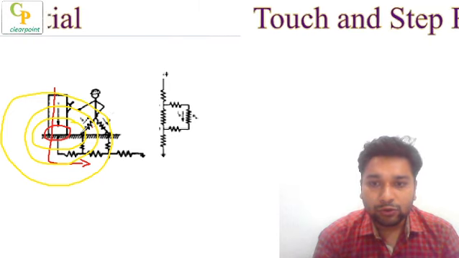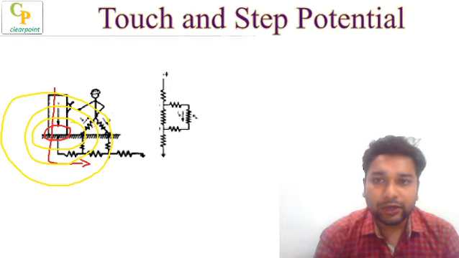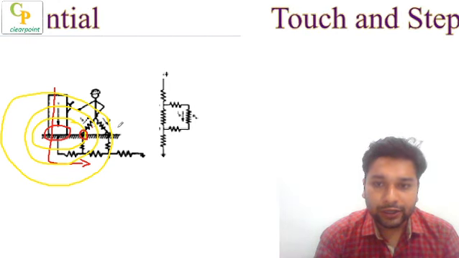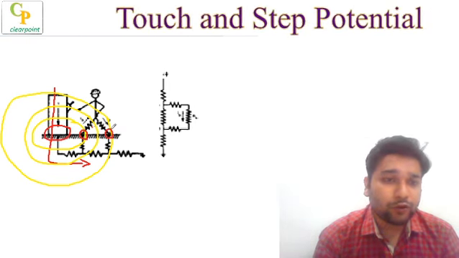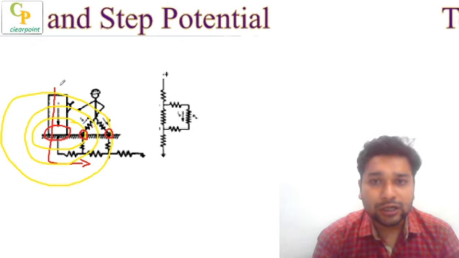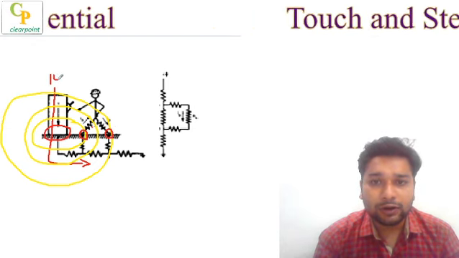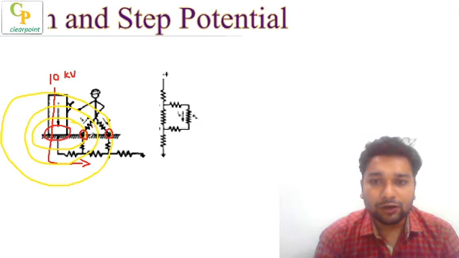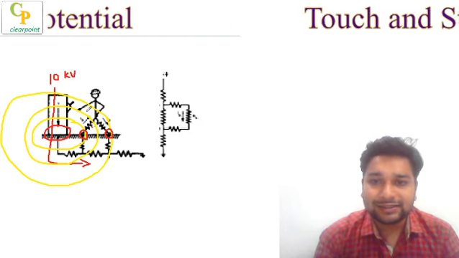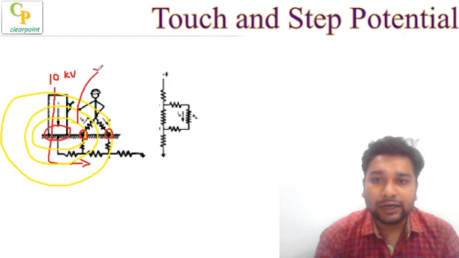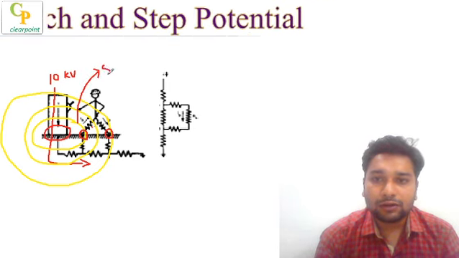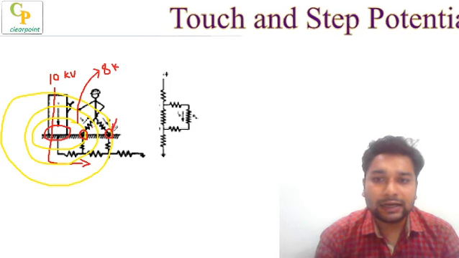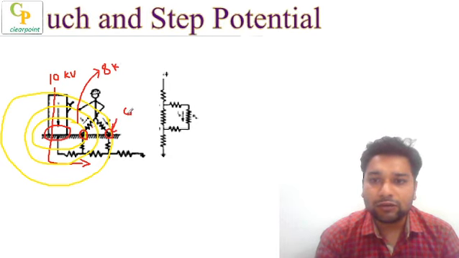Means the 2 points of contact of our legs are offering some potential difference to our body, and as we know current flows from higher potential to lower potential. Suppose this is a 10 kilovolt earth system, and your first leg is at, let's say, 8 kilovolt, and the second leg is at, let's say, 6 kilovolt.